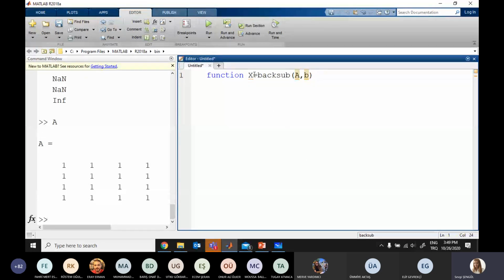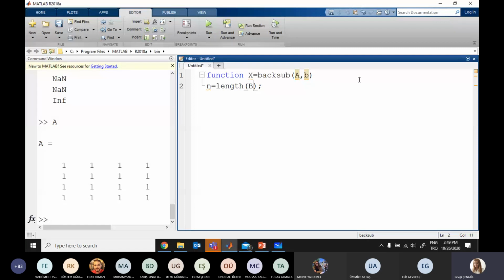Now in the body of my function, I have to define the output in terms of the inputs, right? Since these are going to be defined for any size, I have to know the length, so that I can do a for loop in that size. Length of B will give how many elements B has.